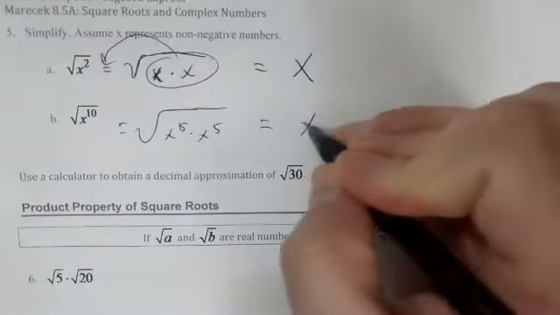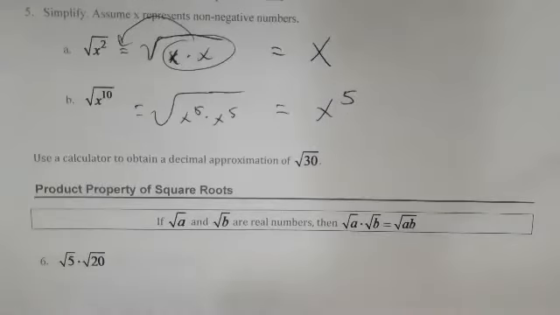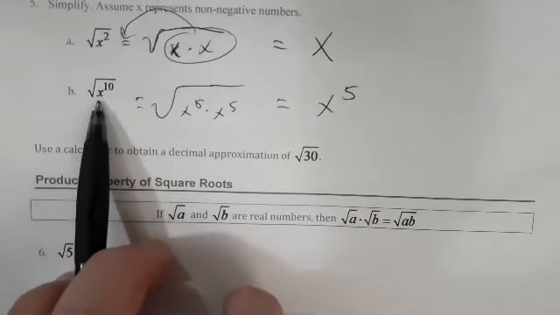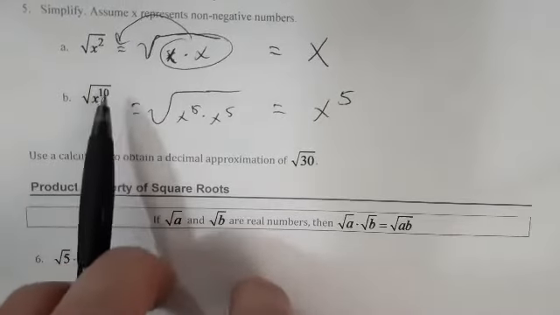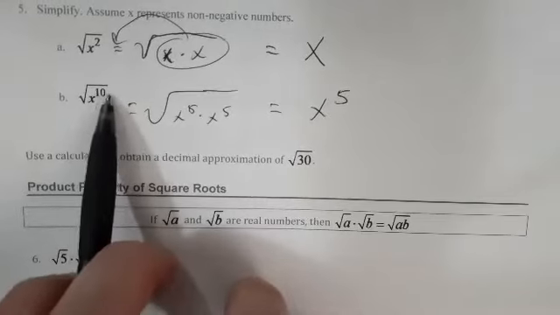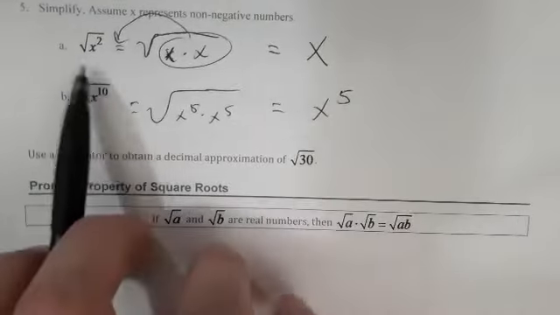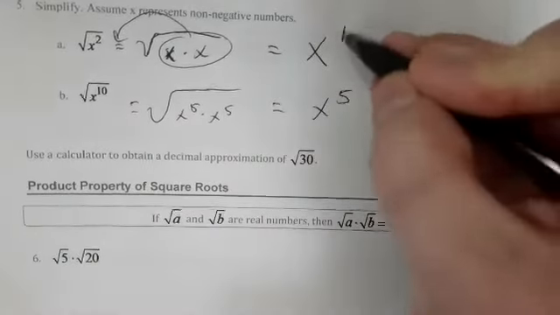If we're going to do the square root of an exponent on a variable like this, we multiplied by 2 to get to here, so we have to divide by 2 to get to here. So 2 divided by 2 is this 1.